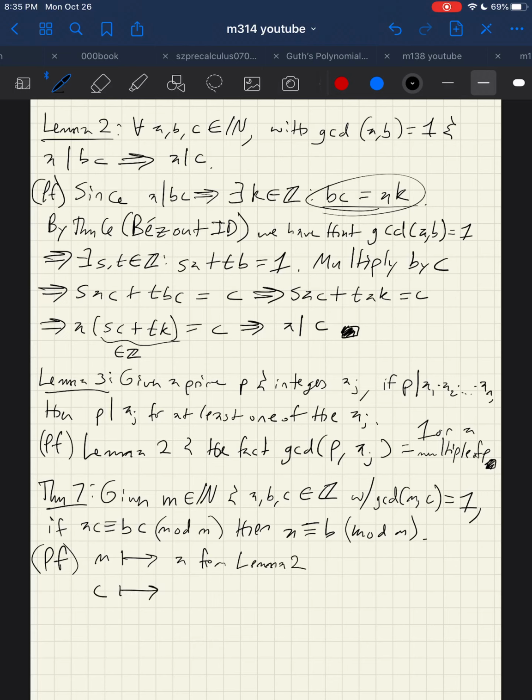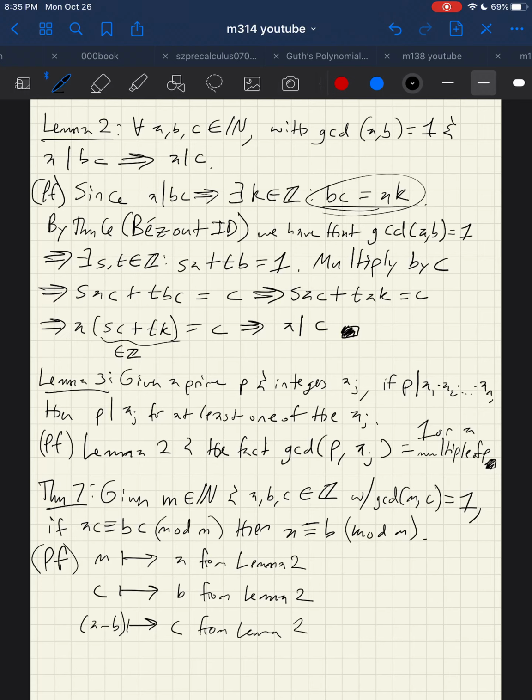C from this theorem is going to be B from lemma 2. And finally, A minus B from this proof is going to be C from lemma 2.